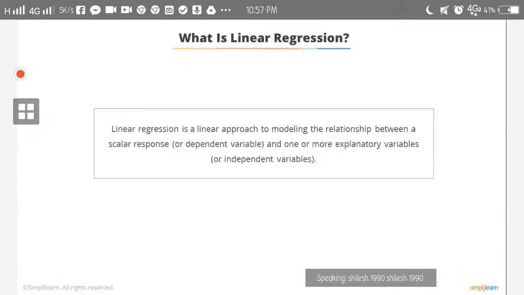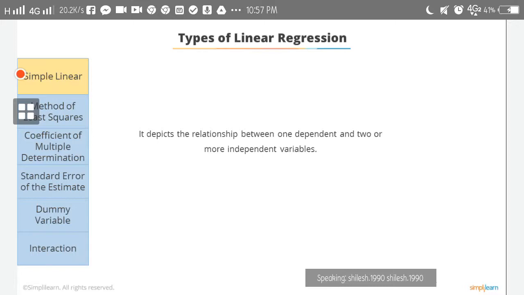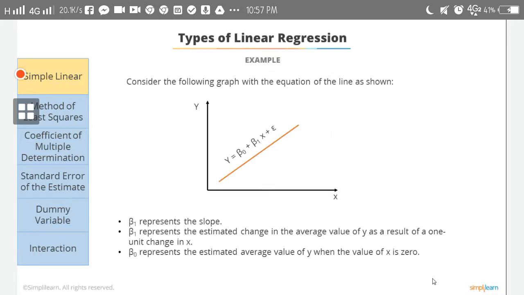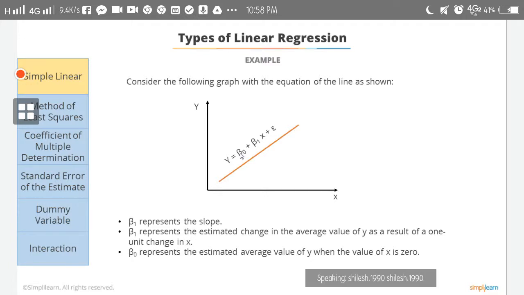So linear regression, and this beta naught, beta 1 x is the same as beta x plus c plus epsilon. So x is the one which is having the beta for us, and beta naught is c for us. You can choose anything. It's just about notation. There is no fixed notation across the globe. Anyone can use any notation because it is mathematics.